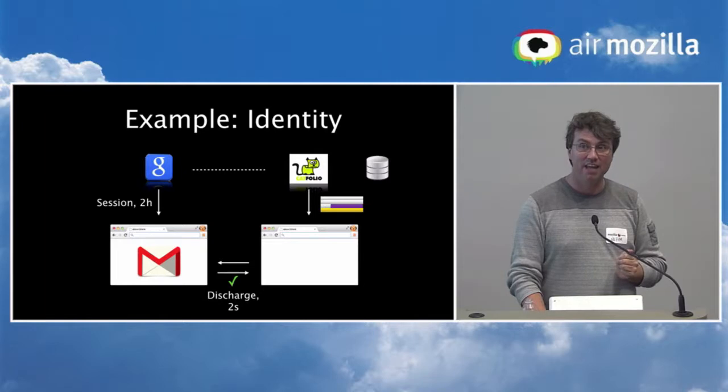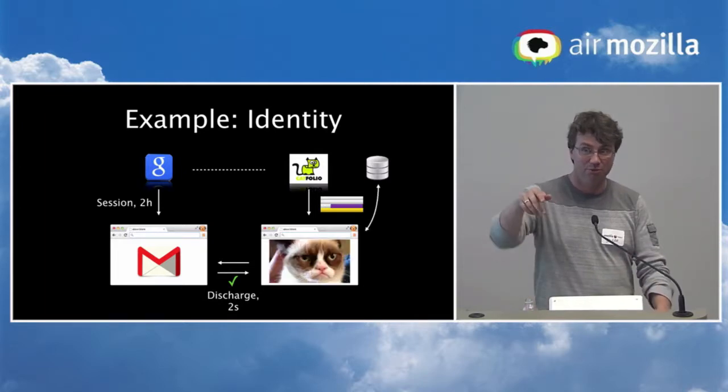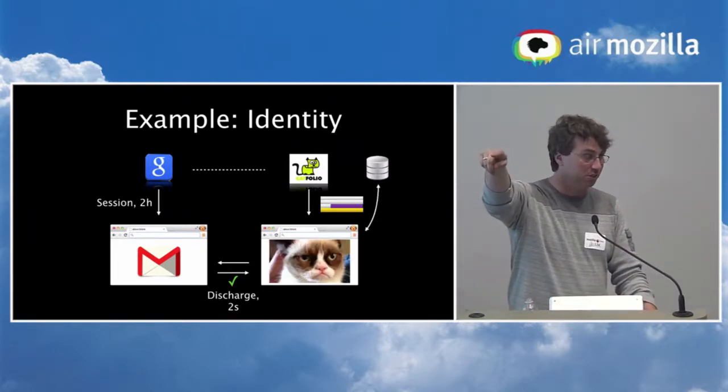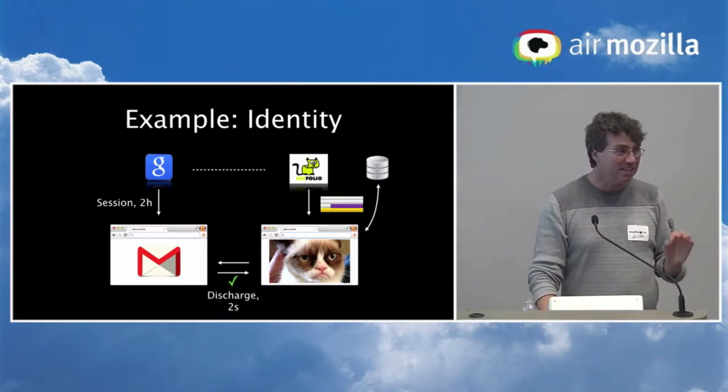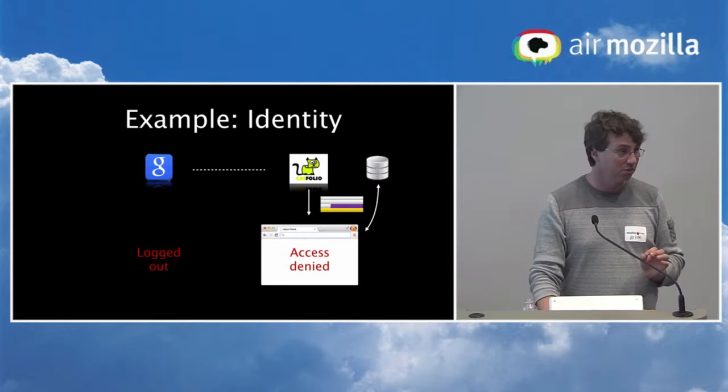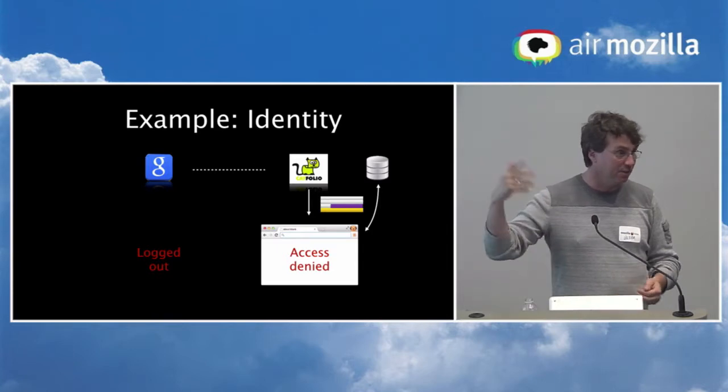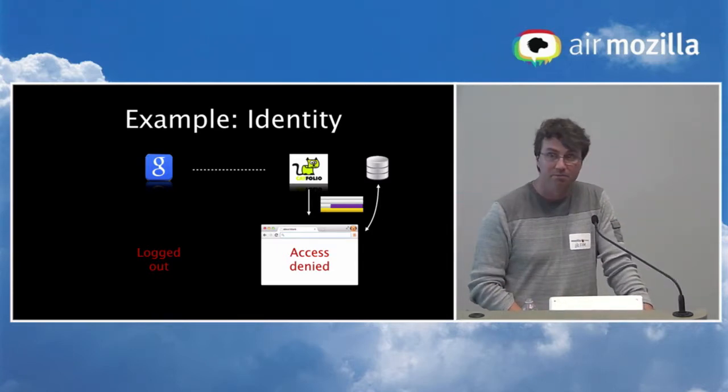And so then those credentials would get sent over to the storage service and you'd get a cat picture. But at any time, if you were to log out or somehow you no longer are a valid user, immediately you would have access denied. You would not be able to pull down those cat pictures.